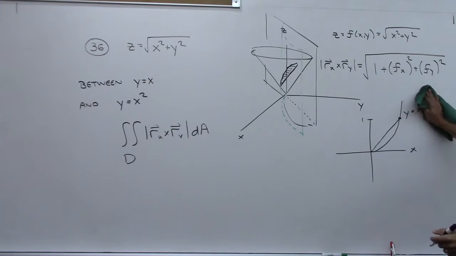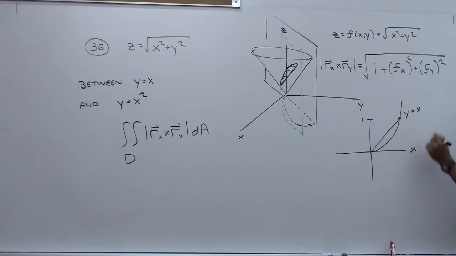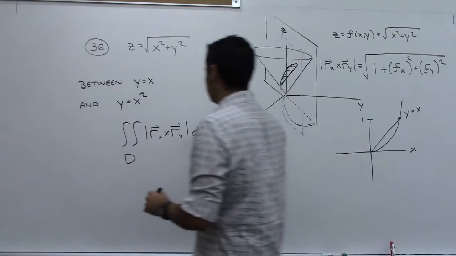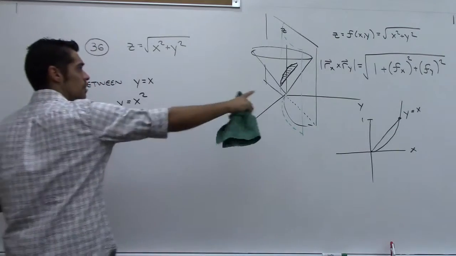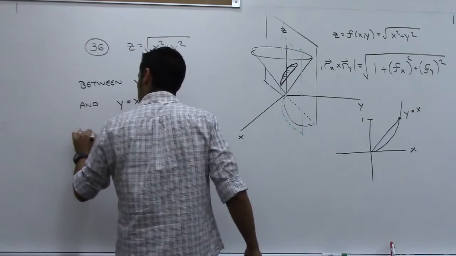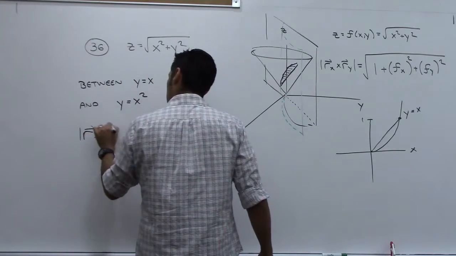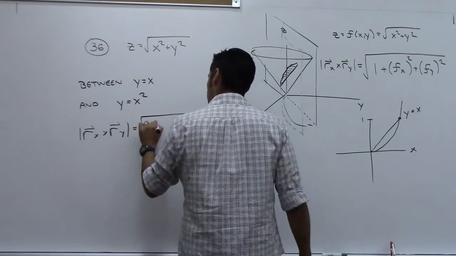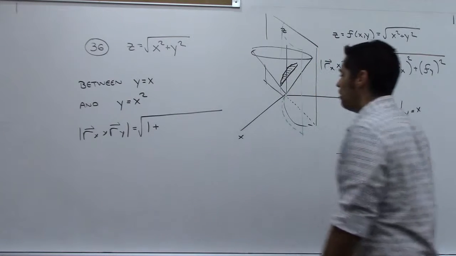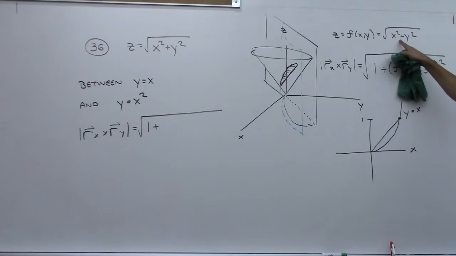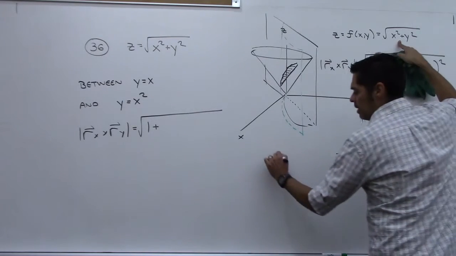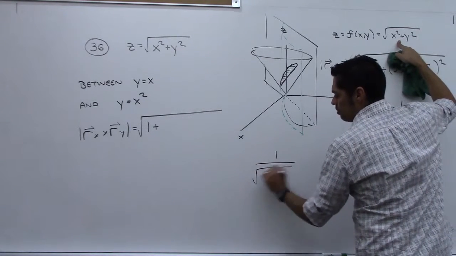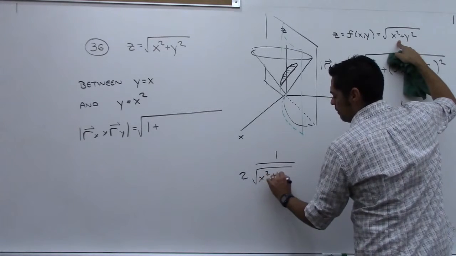So we've been using this formula. I think I'll keep this here. And that should be equal to the square root of 1 plus, now it's going to get a little messy, the derivative of this with respect to x. So first of all, derivative of the square root of something is 1 over 2 times the square root of the something.